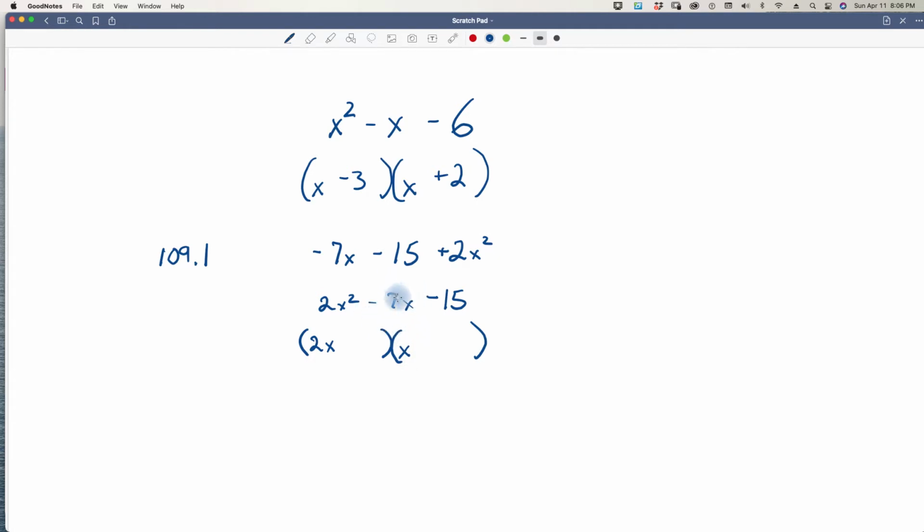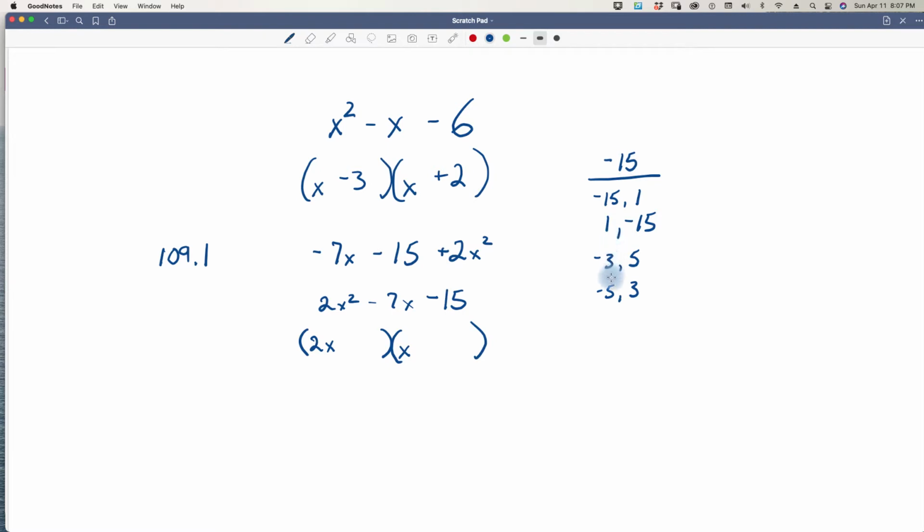So we're going to, again, list the factors for -15: -15 and +1, +1 and -15, -3 and +5, +5 and -3. There we go. Those are all of the factors of -15. Those are all the pairs that we could use.